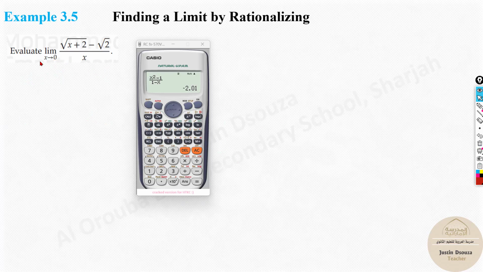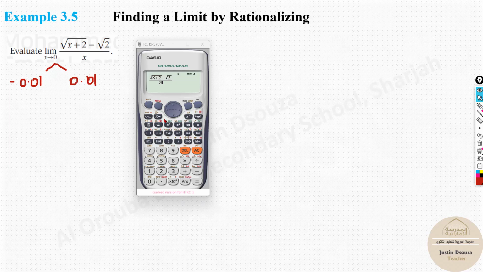Let me do it. So what you need to do first is write the equation as it is: square root of alpha x plus 2, leave a space, minus root 2, divided by alpha x. Now see this 0, take values close to it, lesser than it, minus 0.01 and positive 0.01.